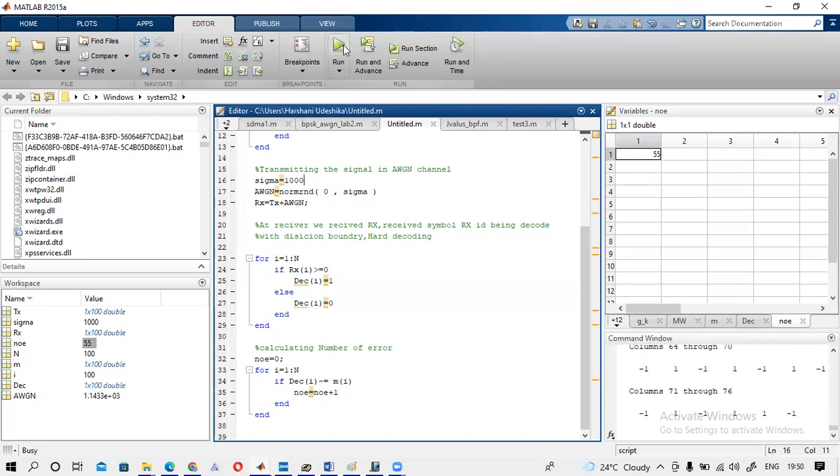You can see that this sigma, let's put some value. So we will have some higher value. We don't know.